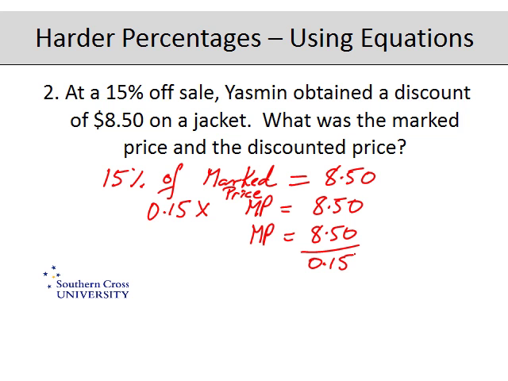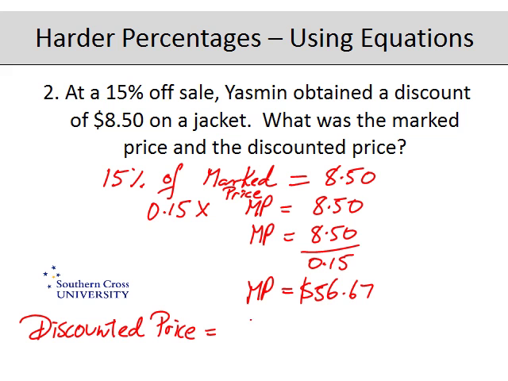Now, just to recall, if on this side we're multiplying by 0.15, we think about the opposite, which is dividing by 0.15, and it cancels out on the left-hand side, and it's divide by on the right-hand side. So our marked price is equal to $56.67.